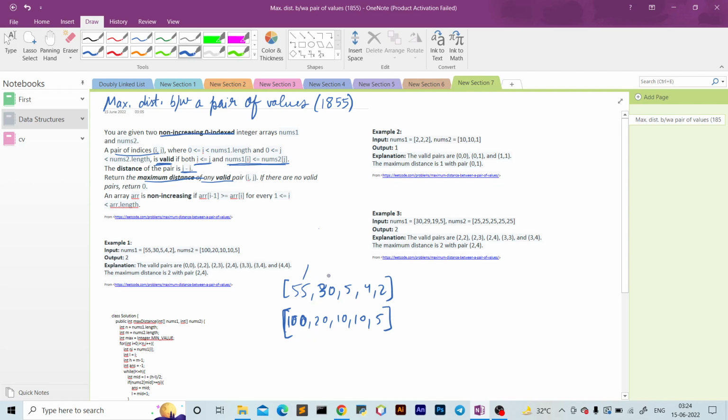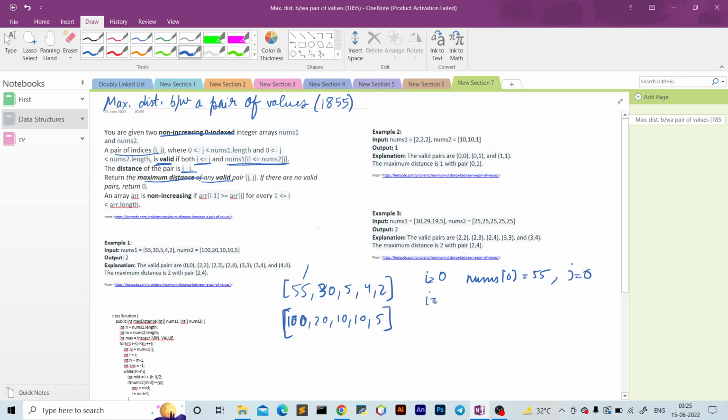When i is 0, nums1[0] is 55. Now we have to find a value greater than 55 in the other array. You can see clearly that it is 100. So at j equal to 0 we find a value greater than 55 and the rest of the values are smaller.